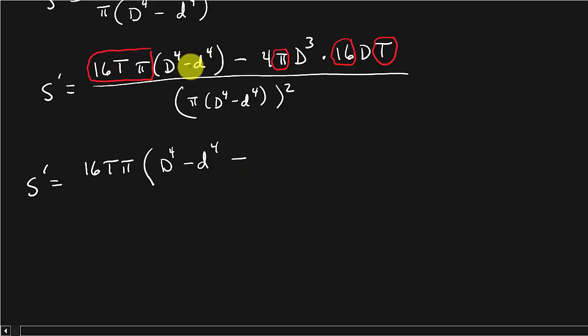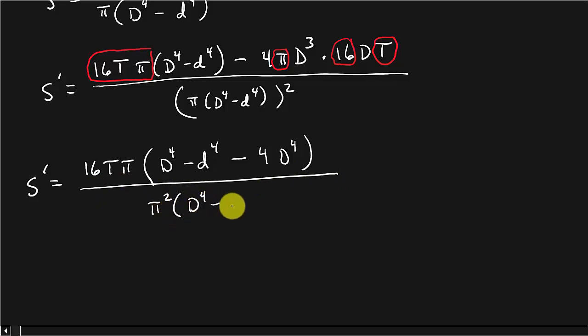That's what I'm left with there, minus, and then when I take this out, I'm left with 4D to the fourth over pi squared times D to the fourth minus little d to the fourth, squared. See, we're taking out the pi, the 16, and the t. That's what we're pulling out of each one. And then minus, I'm left with 4D cubed times d. D cubed times d is D to the fourth.